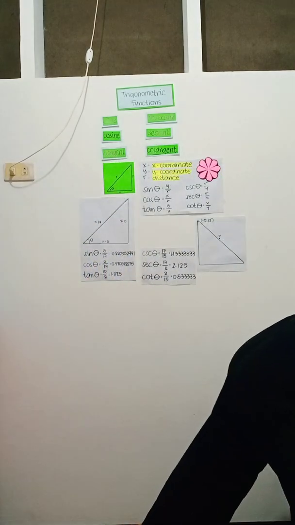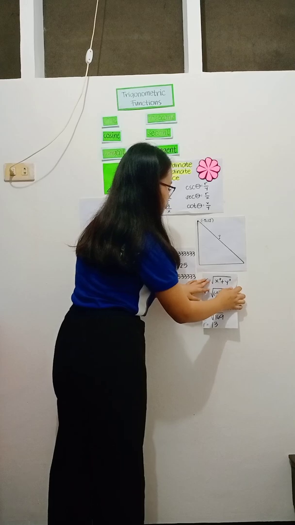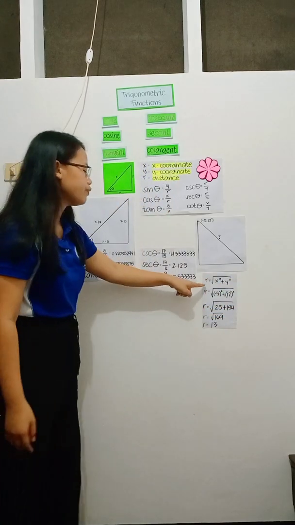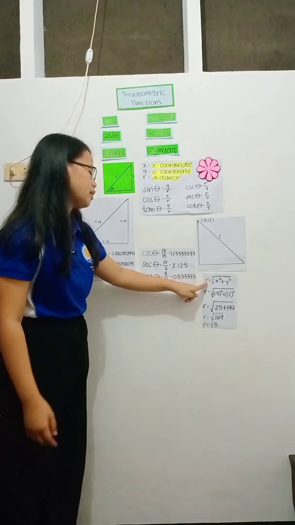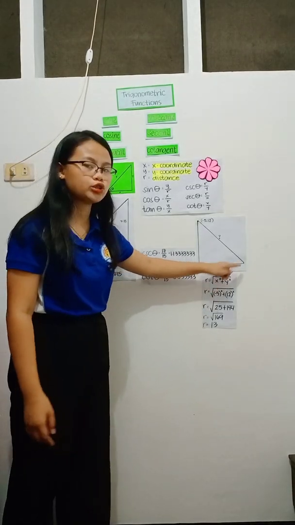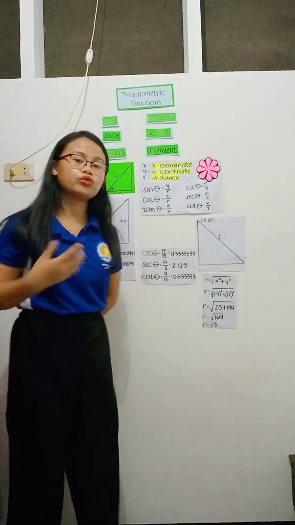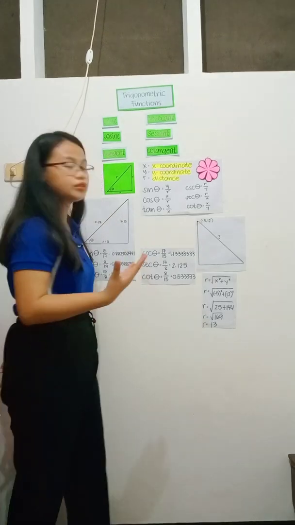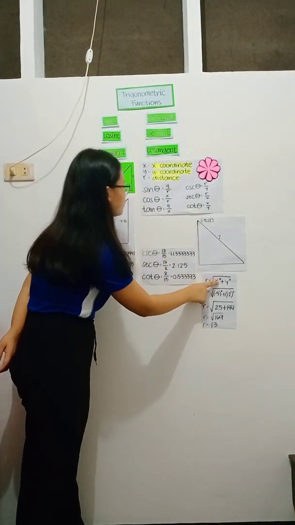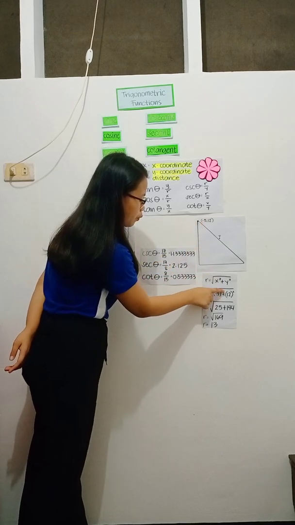To solve for r, we have the formula r is equal to the square root of x squared plus y squared. Since we have x and y, what we're going to do is substitute the values. From the x, we have negative 5, so substitute negative 5 squared.